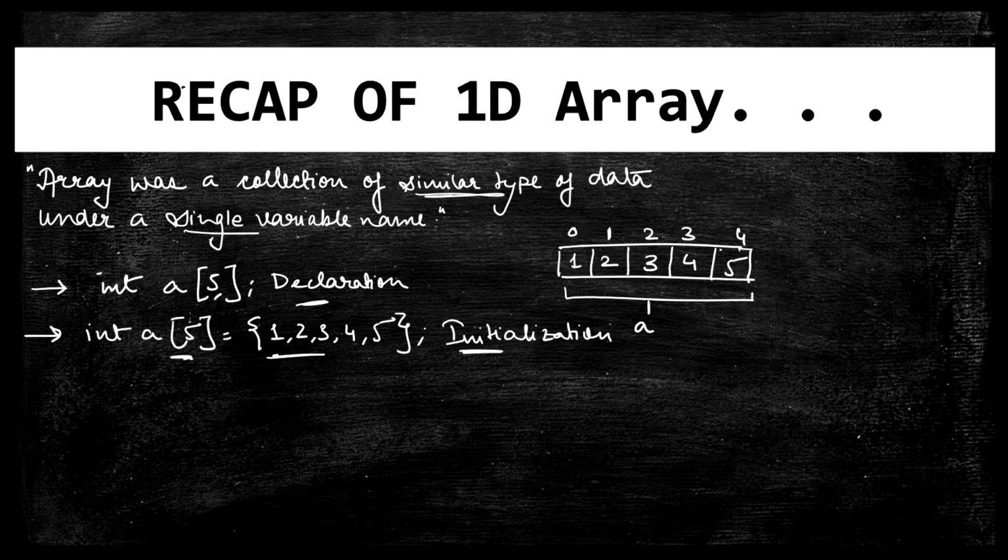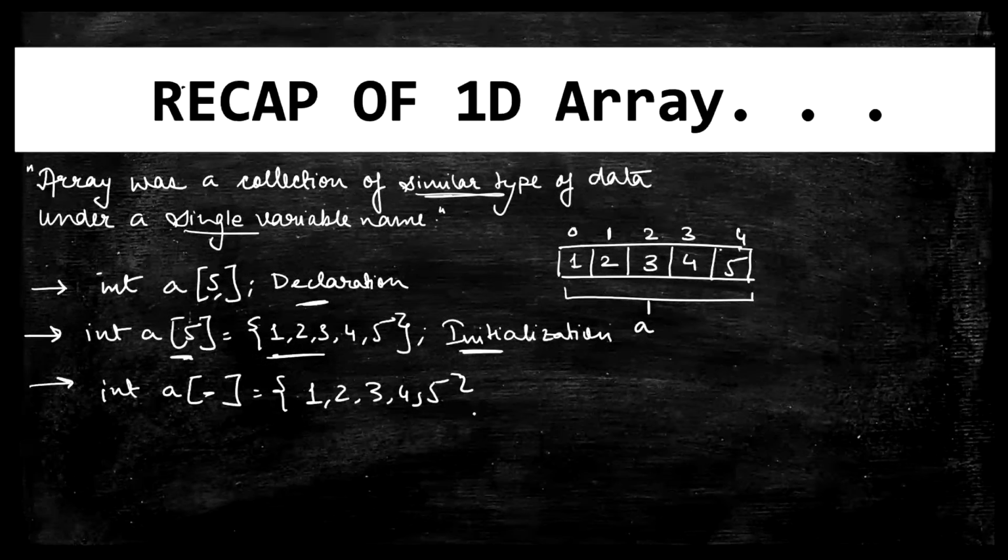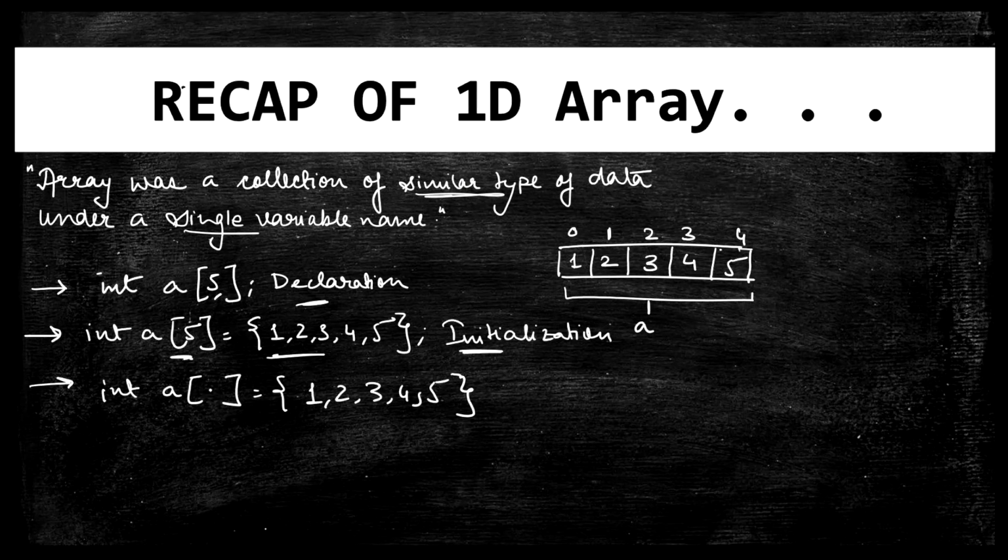Okay, so previously I missed out a thing to tell you, that if you declare a 1D array and you miss out to write the size over here, and you do like this: 1, 2, 3, 4, 5. Suppose you miss out the index size over here. So what will the compiler do?